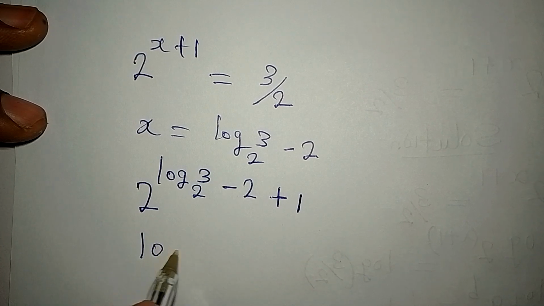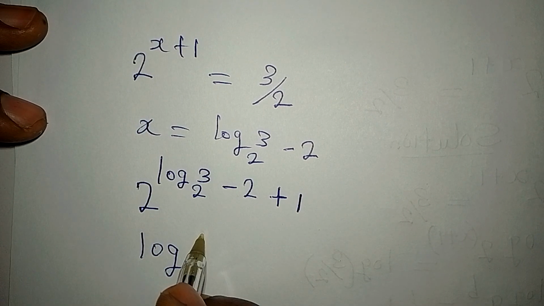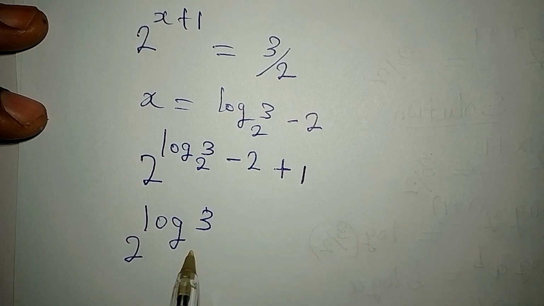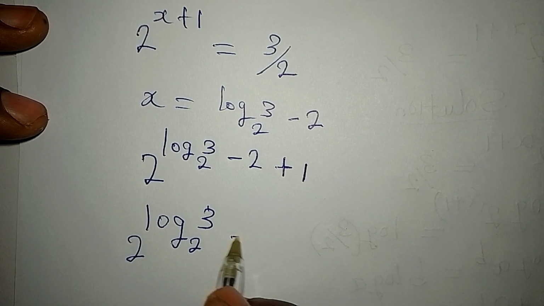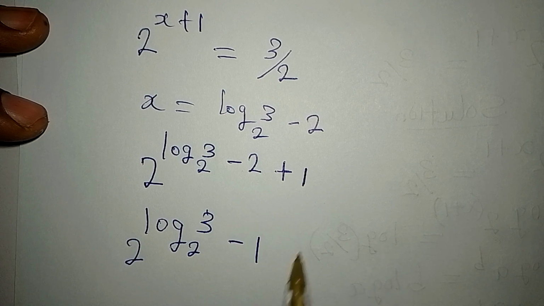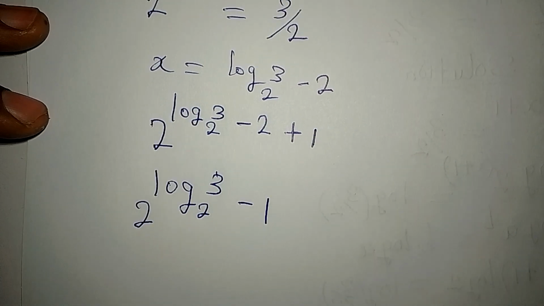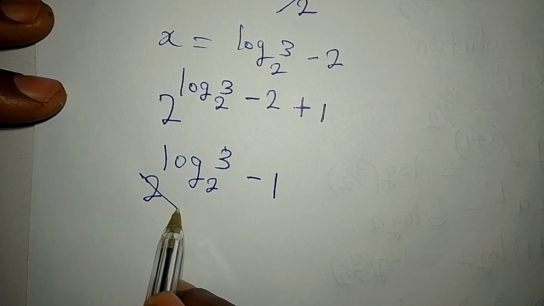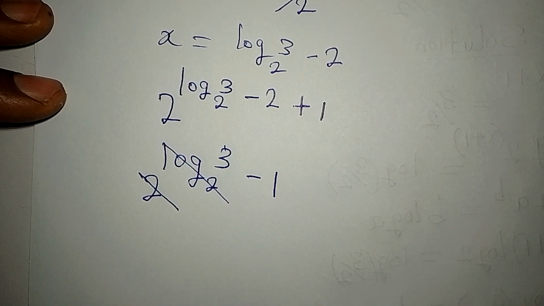We have 2 to the power of log 3 to base 2, then we have minus 1, because minus 2 plus 1 is minus 1. Now, what do we do from here? Do you know that this and this can cancel?